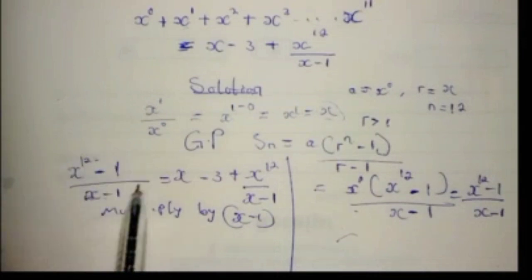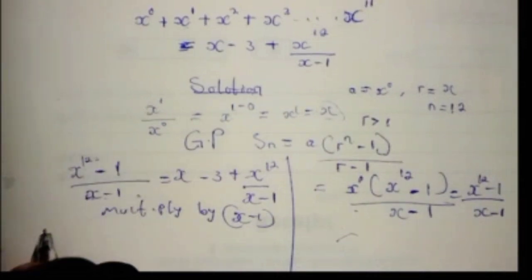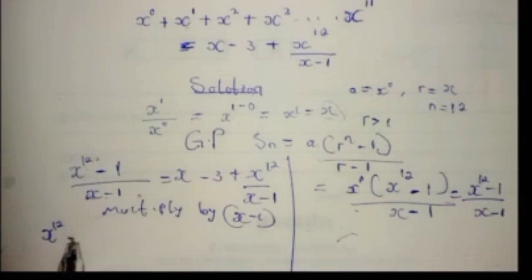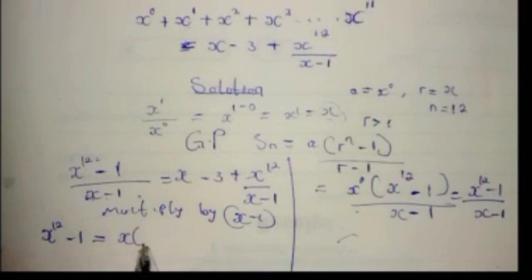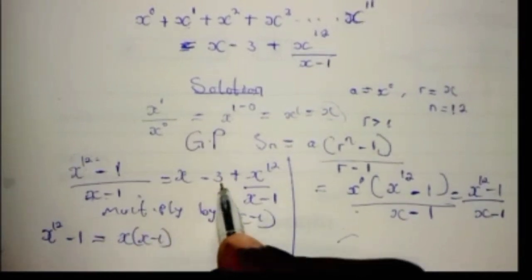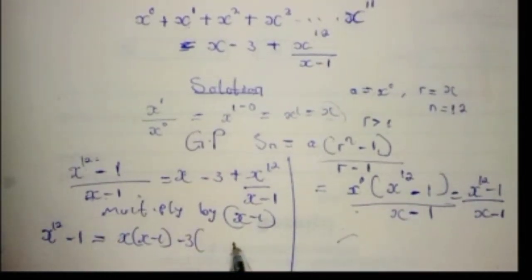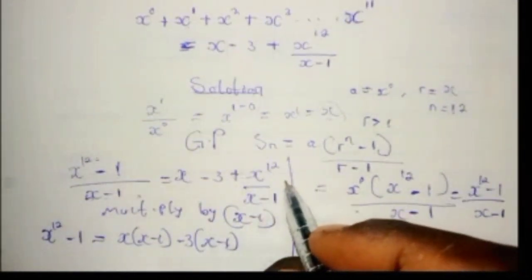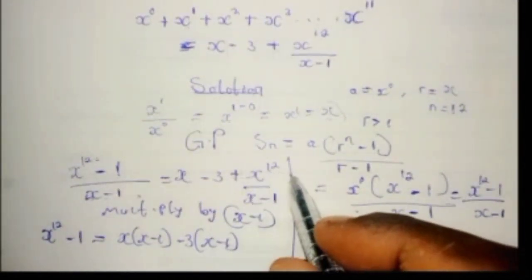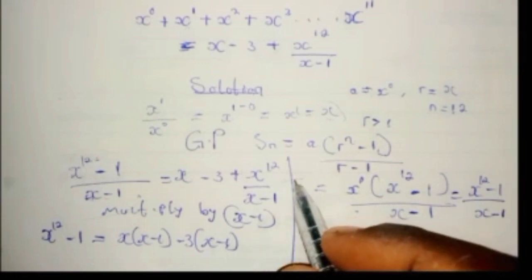Therefore, if you multiply this by x minus 1, we have x raised to the power of 12 minus 1. Also multiply this by x minus 1, we have x open bracket x minus 1. And for this side also, we have minus 3 open bracket x minus 1. And here, if you multiply it by x minus 1, don't forget the base to cancel that which we used to multiply it.